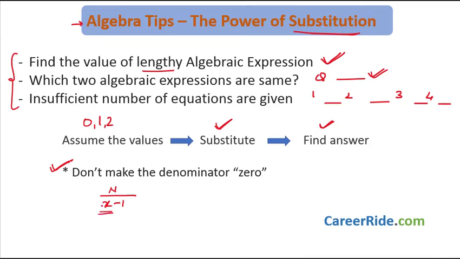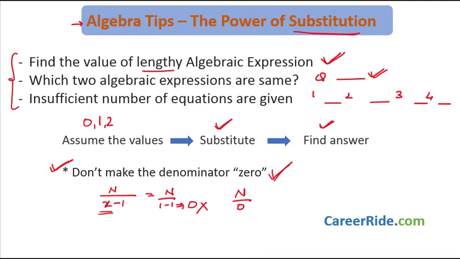I'll not assume x is equal to 1 in this case because that is going to make my denominator 0, which is something I don't want. Why? Because anything divided by 0 becomes undefined, and then I will not be able to solve that expression. So this is the only tip from my side for the time being. Just pay attention to this, that we don't make the denominator 0.